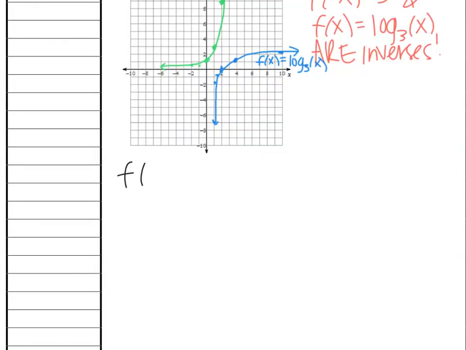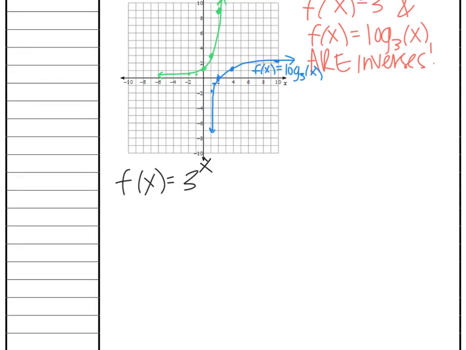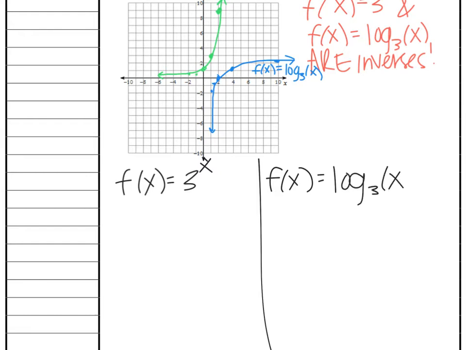So I'm going to write f of x equals 3 to the x here, and f of x equals log base 3 of x. So you can have whatever base you want in here, but I was just saying earlier on the other page that the common base is 10. So if there's no base written, then you are to assume that it's a 10. So here, part A, we need the domain and the range for each one.